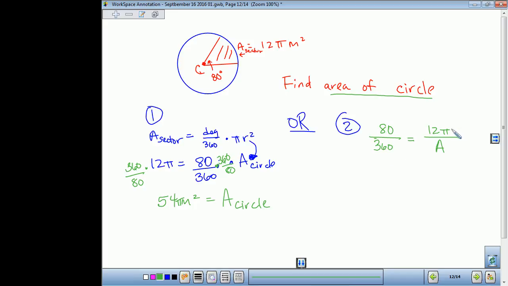So part over whole, and then you just cross multiply both sides. And you get the exact same thing. Pick your method. They're the same thing. So if you like to plug into a formula and plug and chug, do it. If you like proportions, go for it.